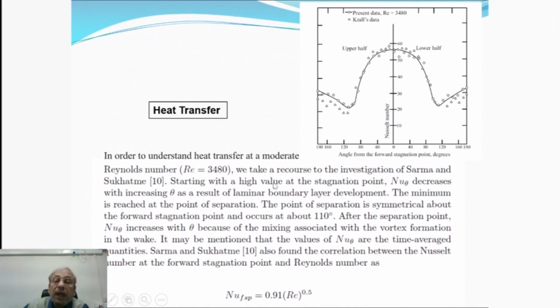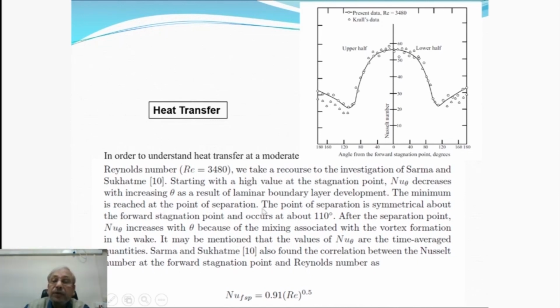So starting with a high value at the stagnation point, Nu theta decreases with increasing theta, as a result of laminar boundary layer development. Obviously at the stagnation point, boundary layer thickness is minimum, and then the boundary layer is increasing in the flow direction, resistance is increasing, and obviously the heat transfer value is decreasing.